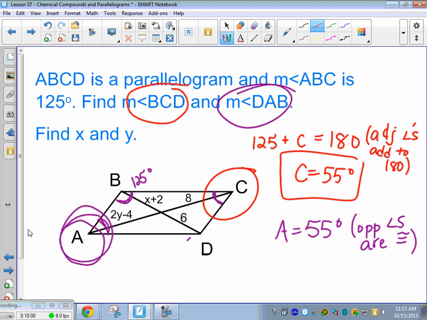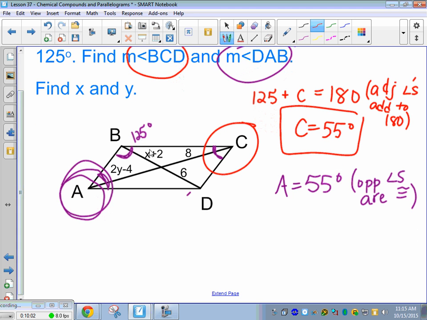It's almost like a different problem here. X and y have to do with the diagonals. So what do I know about this piece and this piece? Mac, could you write me an equation for that? No. Natalie, could you write me an equation for that? No? Edward, how about Edward? What do you think?